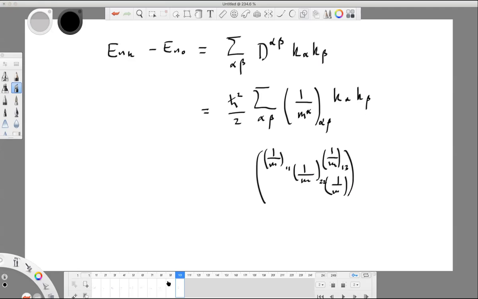The good thing is that this is a very well developed area. There are lots of parametrizations you can find in the literature regarding these effective masses. This is obtained in a way similar to the tight binding approximation, where you parameterize.